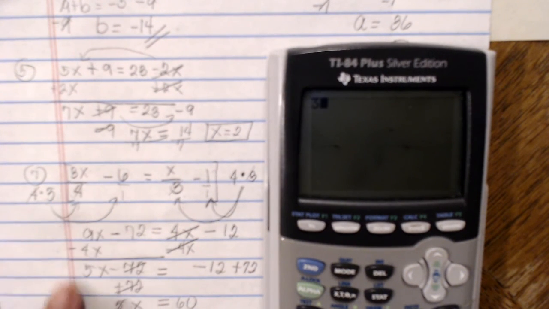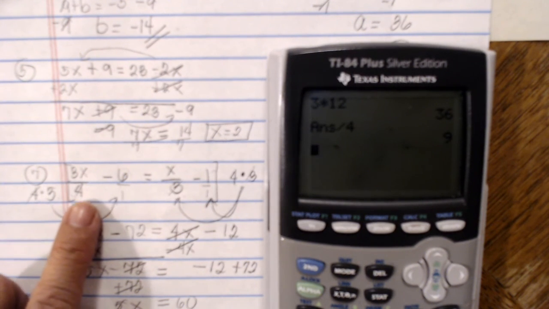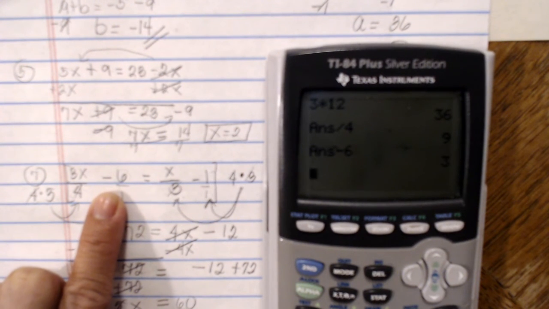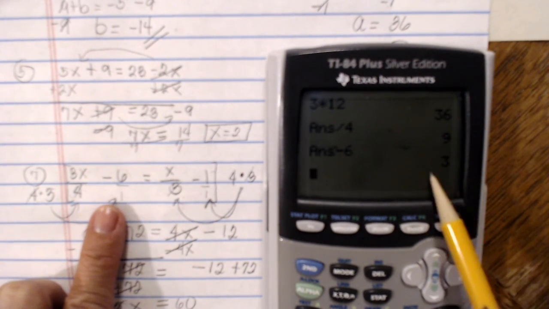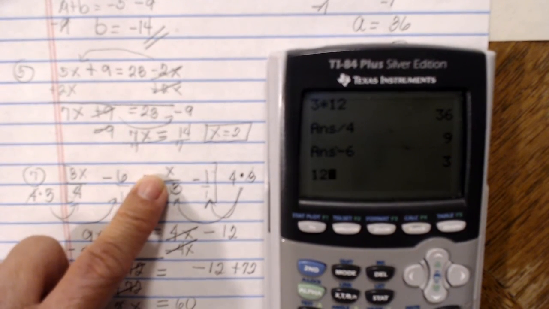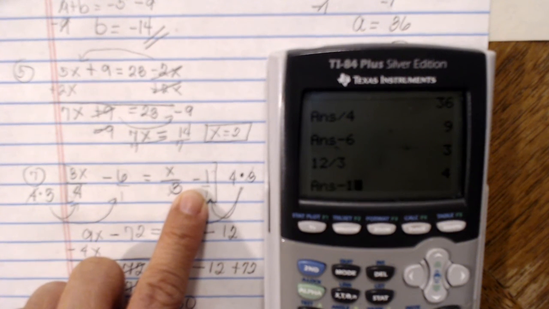So 3 times 12 divided by 4. 36 divided by 4 is 9 minus 6. I get a 3. Okay? On the other side, 12 divided by 3 minus 1.